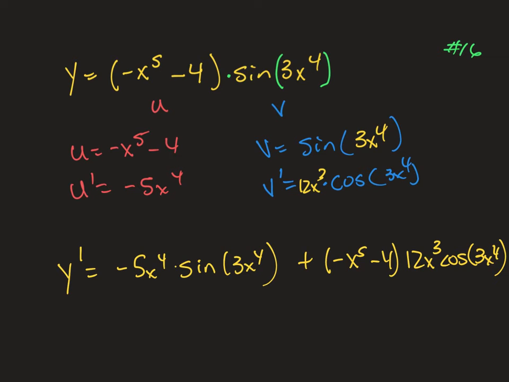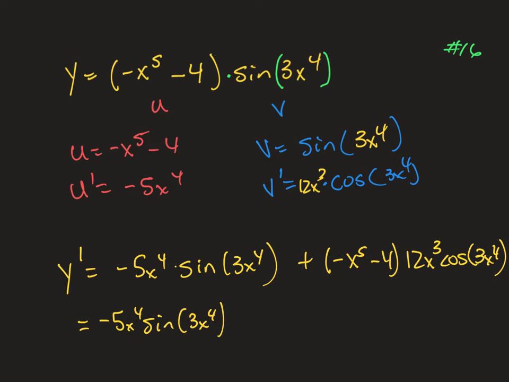Now, on our practice exam, this is a multiple choice problem, and so they did a little simplifying in that problem. So in terms of looking for the right choice, you're going to want to write your answer as follows. So we've got the negative 5x to the fourth sine of 3x to the fourth.